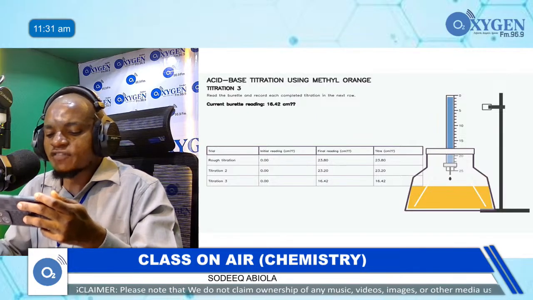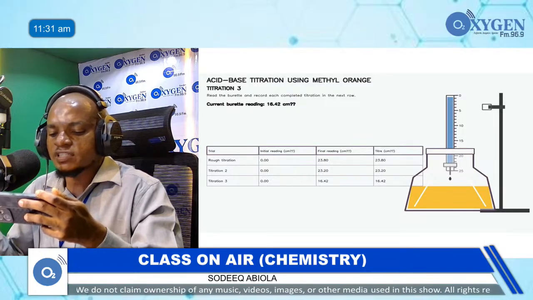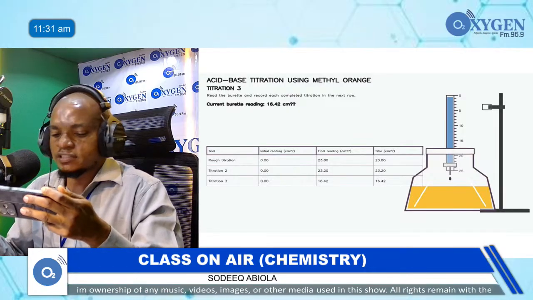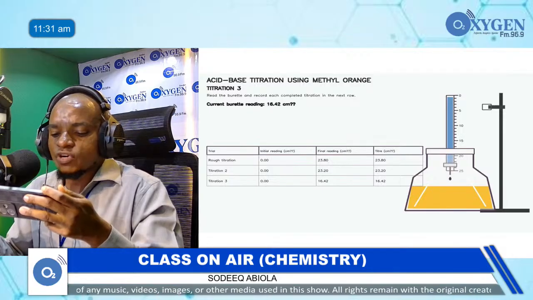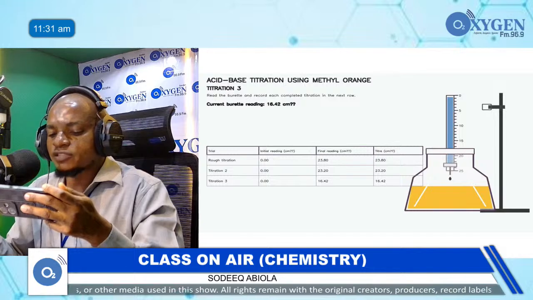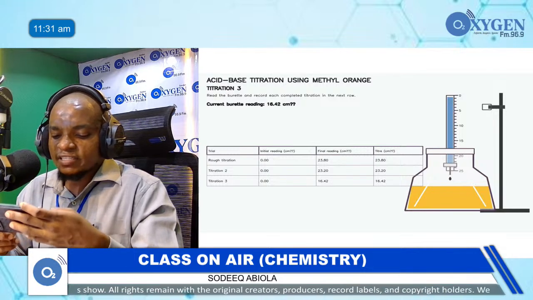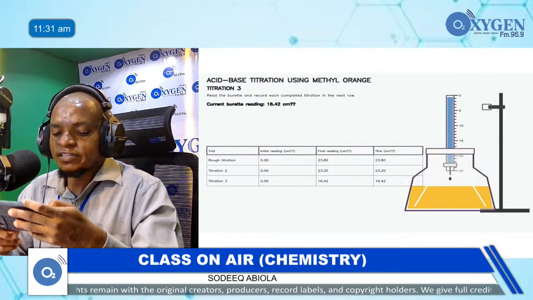From all the values we have there, we can see that the second, third and fourth titrations are concordant, because the difference is within the range of plus or minus 0.20. So we are using those values to look for our average titer value.